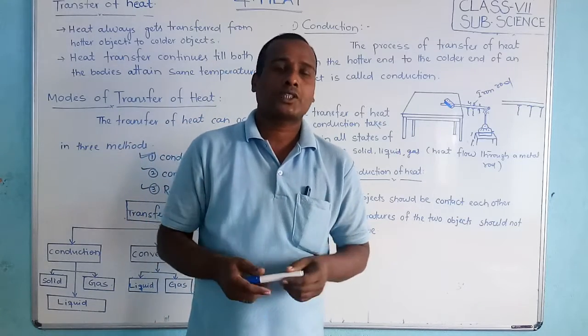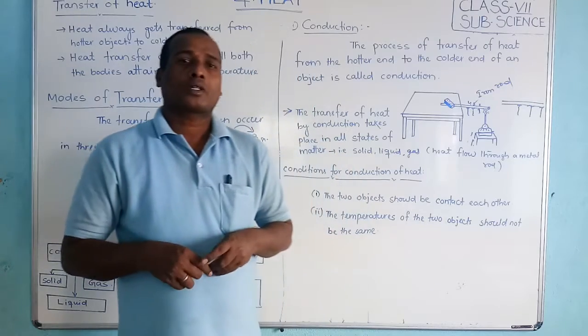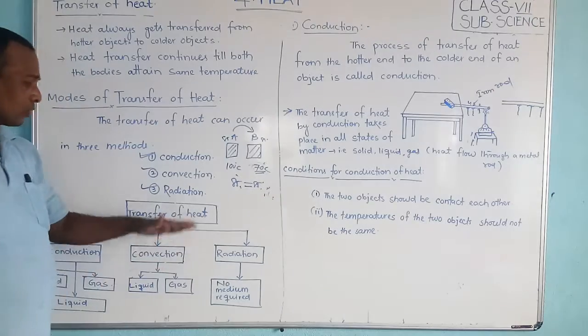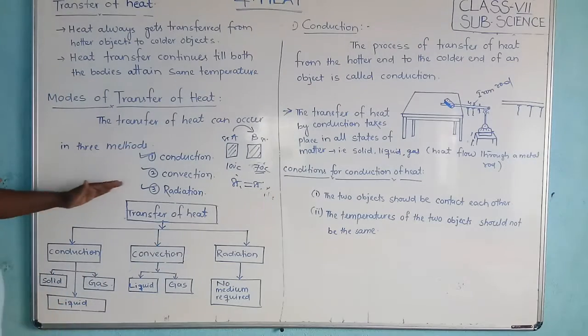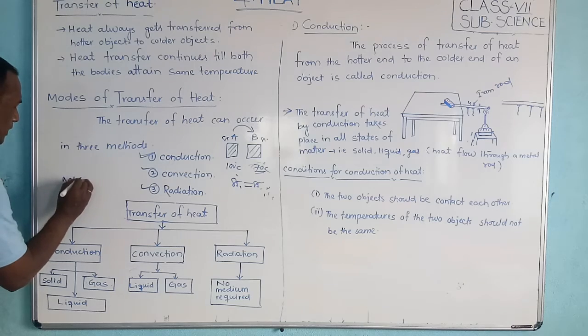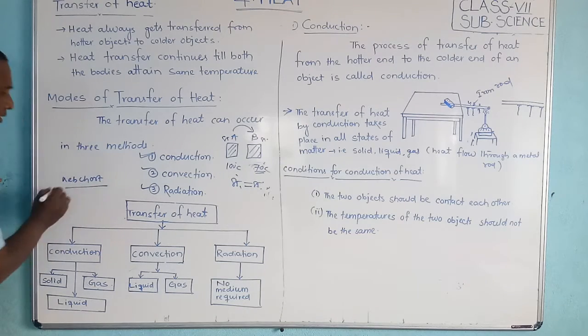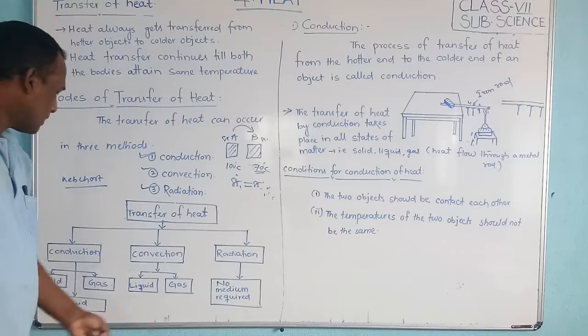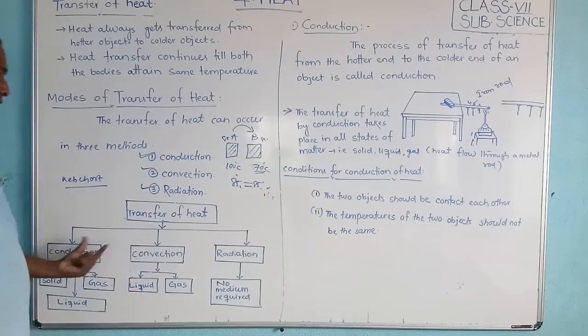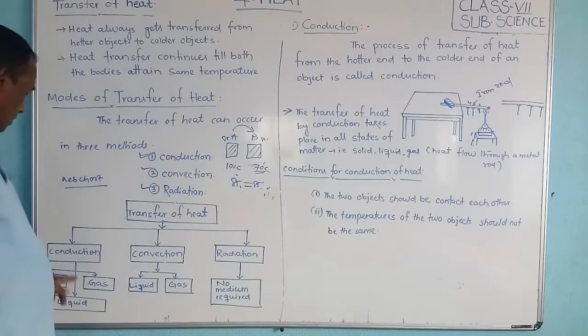Next we will discuss convection. The second and third are radiation methods. Now here I have written the wave chart, students. It is very important, and you should remember it very carefully. Transfer of heat wave chart: there are conduction, convection, and radiation. These are three methods by which heat is transferred.